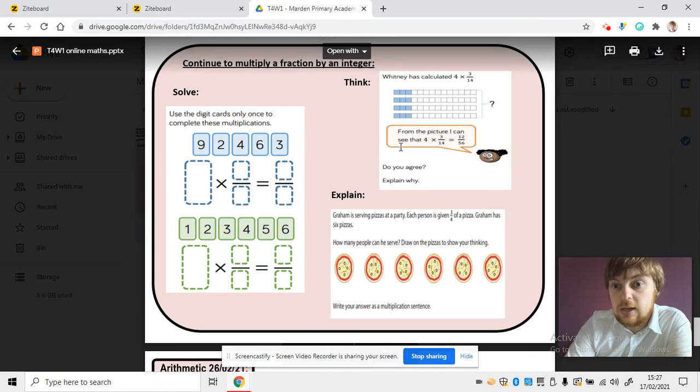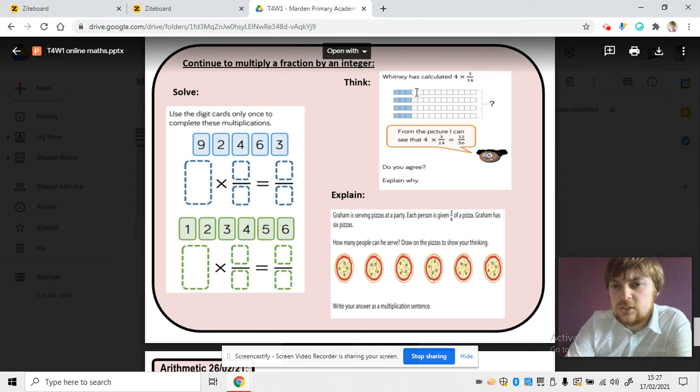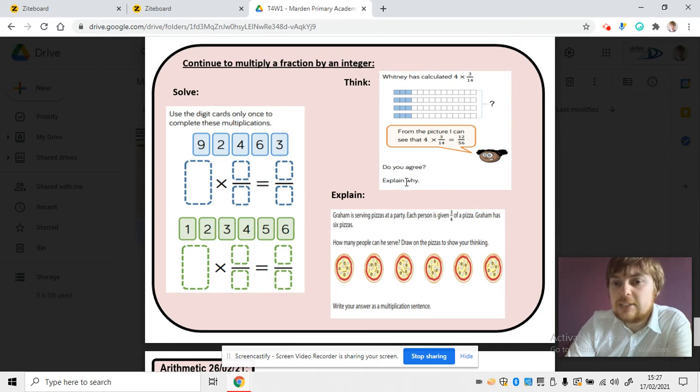From the picture I can see she's done 4 lots of 3 fourteenths and got the answer 12 fifty-sixths. Do you agree? Explain why. Think about the steps you would take to solve this. What would you get as an answer? Can you see if Whitney has gone wrong, where she's gone wrong, and explain why? Or if you think she's right, where is she right?